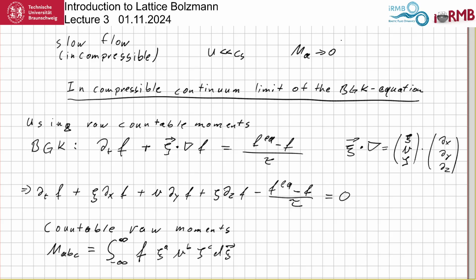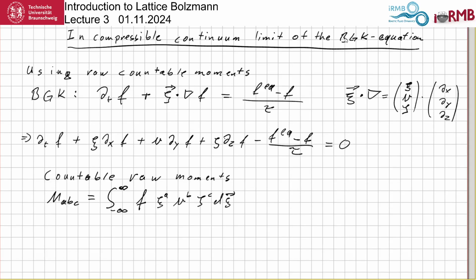Now, the thing that is important to grasp is that we cannot only compute moments of f, but we can also compute moments of the entire equation. The equation that we have up here, we can take the same integral and compute moments of it.